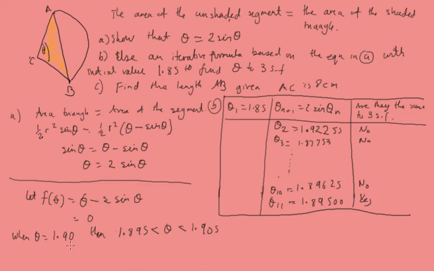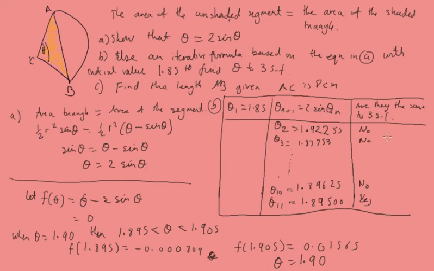If you put these into the formula, f of 1.895 gives us minus 0.000809, and then f of 1.905 is equal to 0.01565. So you've got a change of sign, so therefore theta is equal to 1.90 to 3 significant figures.